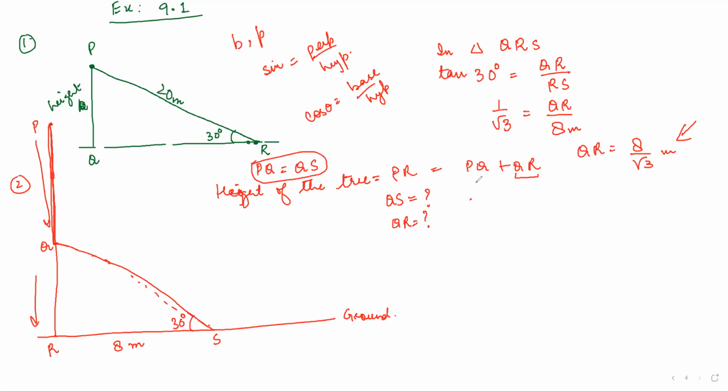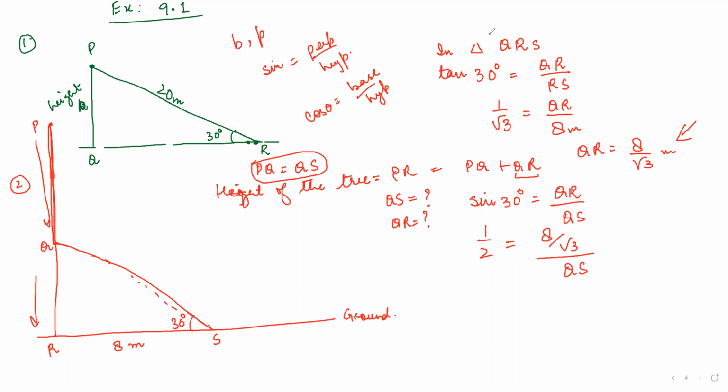So let me use sine now. Sine 30 means perpendicular upon hypotenuse. The perpendicular is QR and the hypotenuse is QS. Sine 30 is half, equal to QR, which I have found as 8 by under root 3, divided by QS.